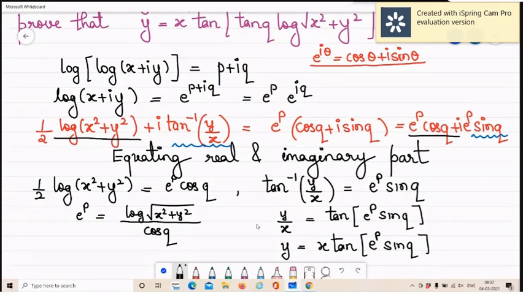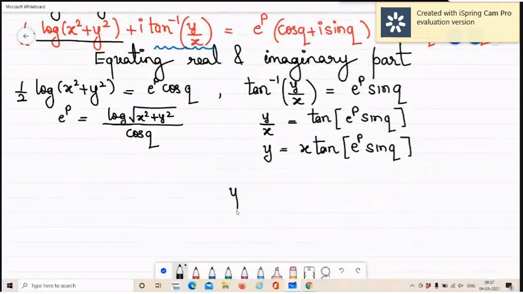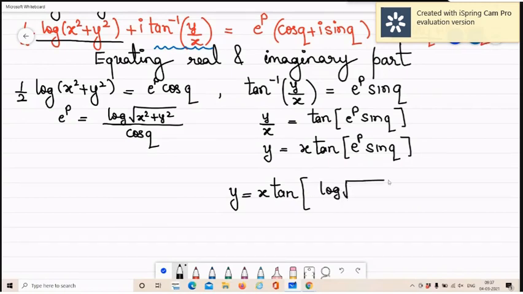So we are going to substitute that now. When we substitute, what will happen? y equal to x tan. In place of the exponential, I am writing log of under root of x square plus y square upon cos q into sin q.